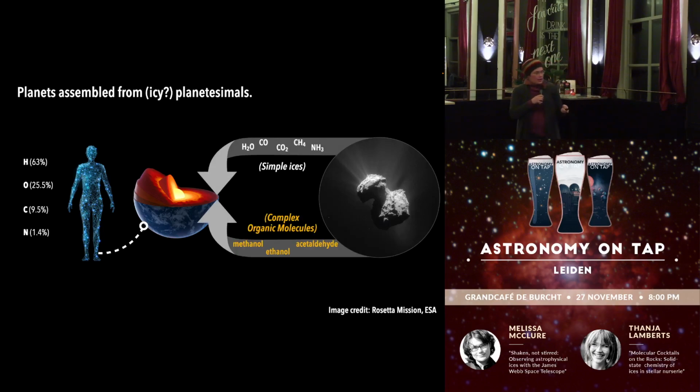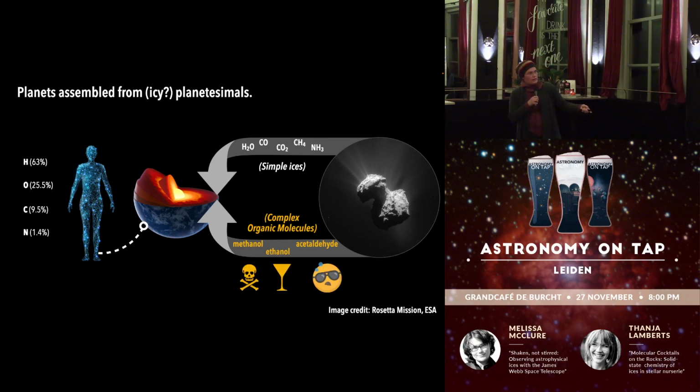This is comet 67P that was observed in the mid-2010s. Comets like this may have brought a lot of material to Earth, including simple ices like water, CO2, CO, methane, and ammonia, but also more complex molecules like methanol, ethanol, and acetaldehyde.